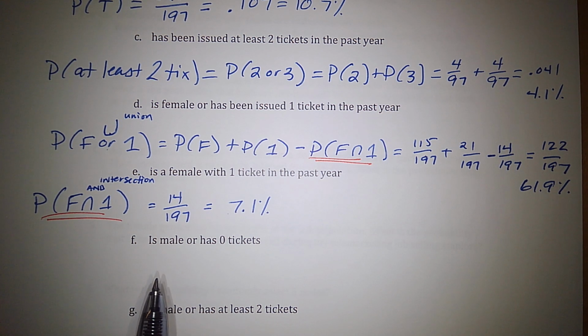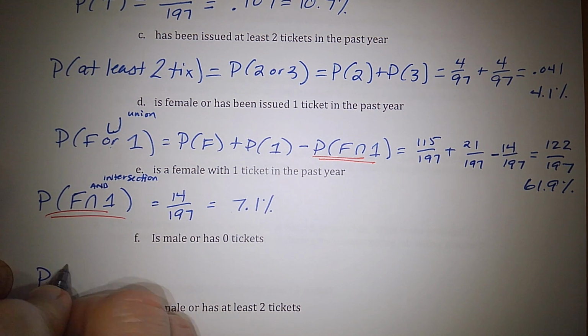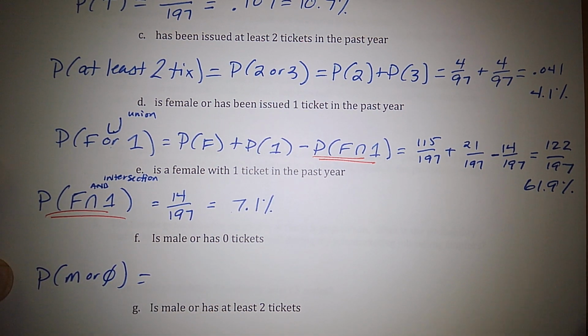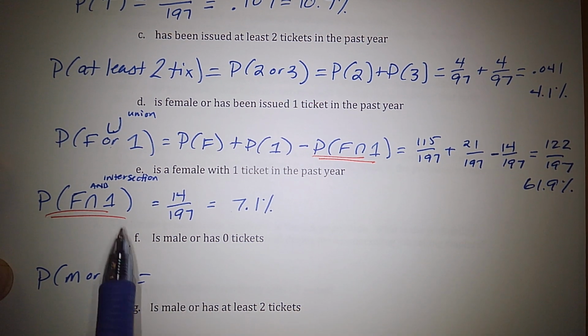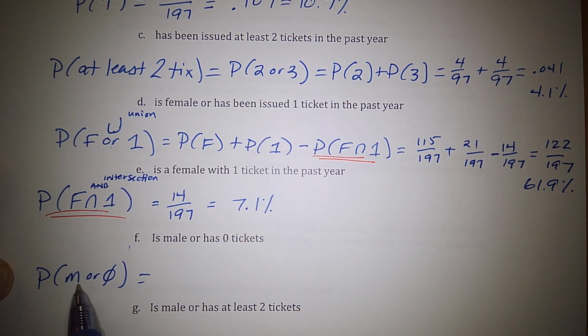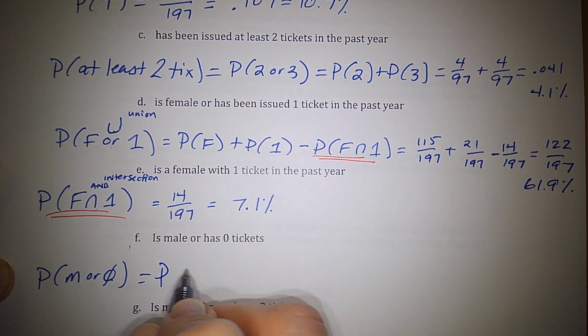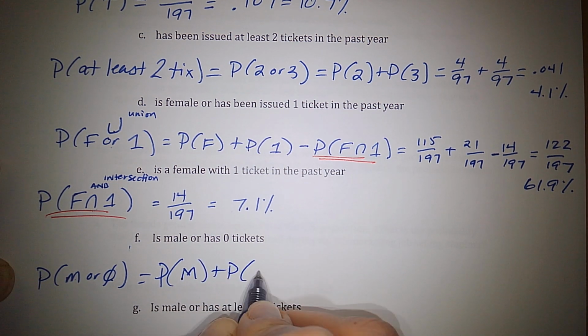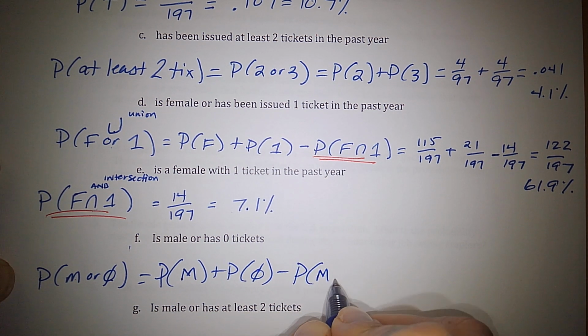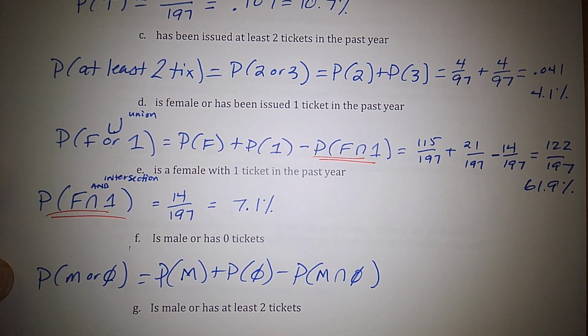So what is the probability that a randomly selected driver is male or has 0 tickets? Male or 0 tickets. Again, just like this example up here, these are not mutually exclusive because there are people that are male and receive 0 tickets at the same time. So we're going to find the probability of being male plus the probability of having 0 tickets minus the probability of being male and having 0 tickets at the same time.